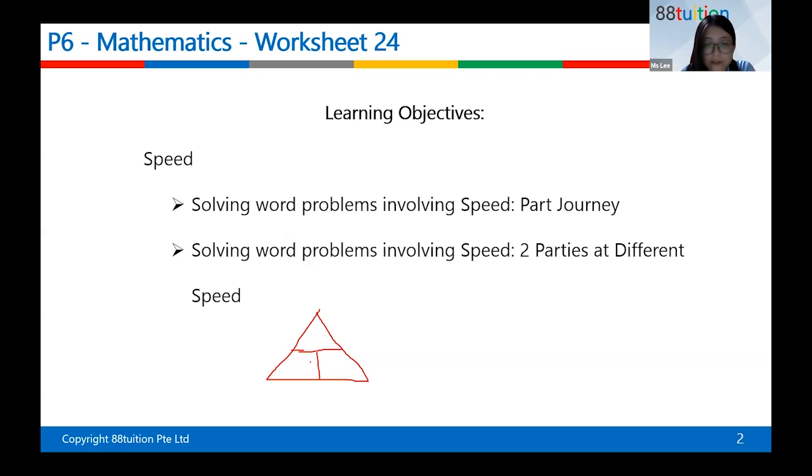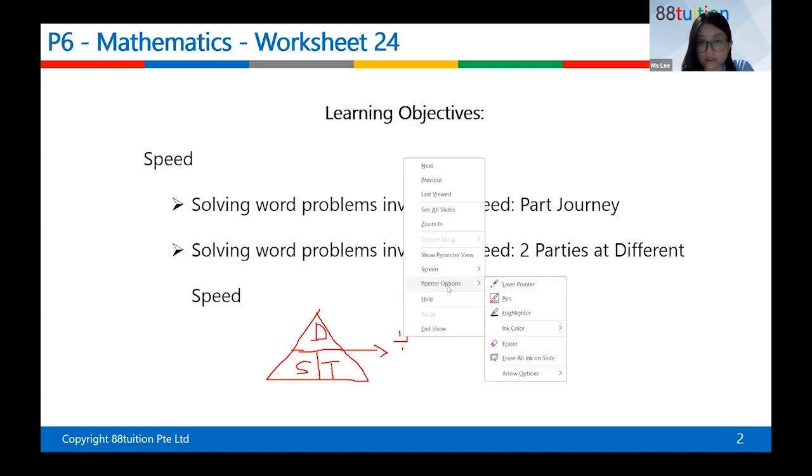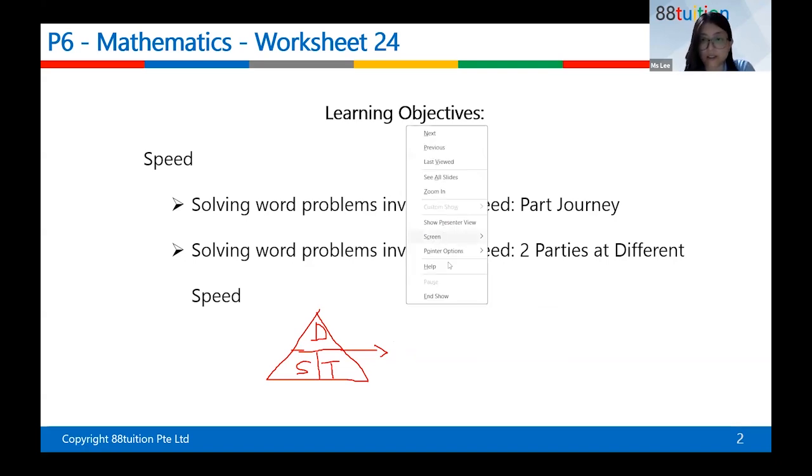Okay, so this is speed, and then this is your distance, and then this is your time. This line here is like your division sign. Do you see that this one is on top? This is like your division sign.